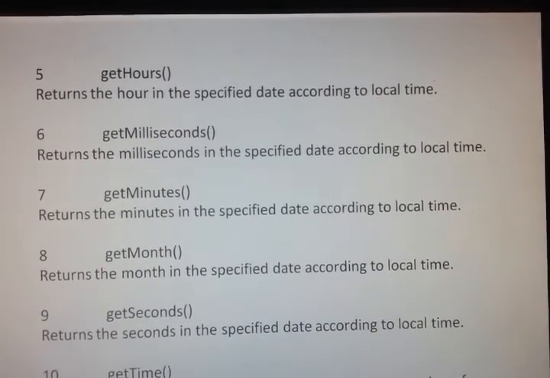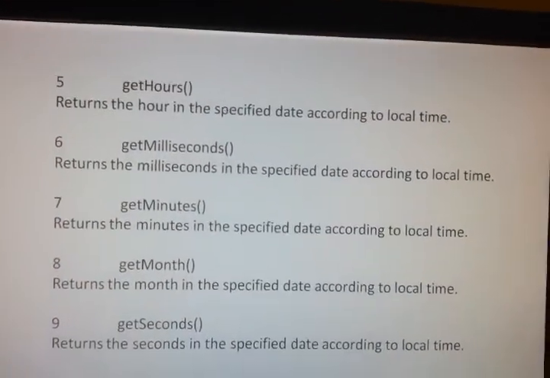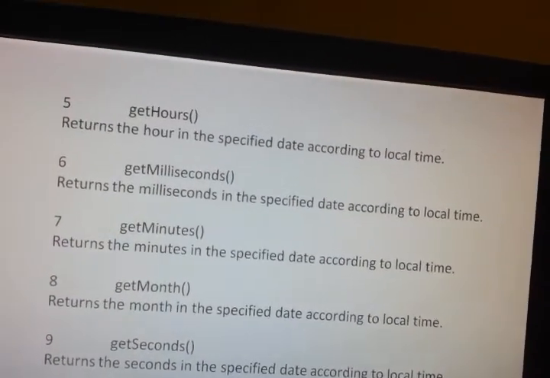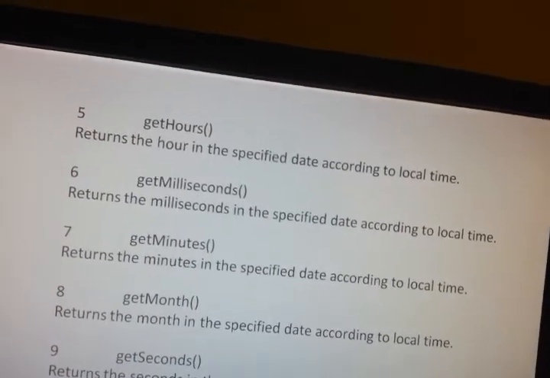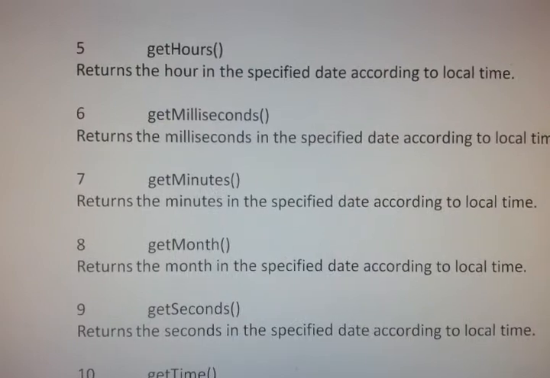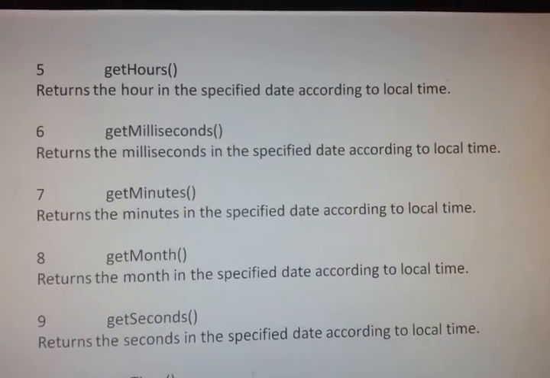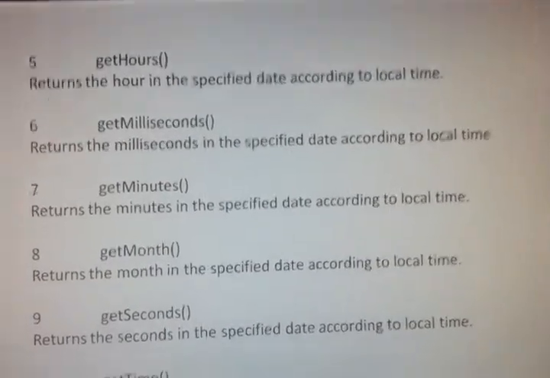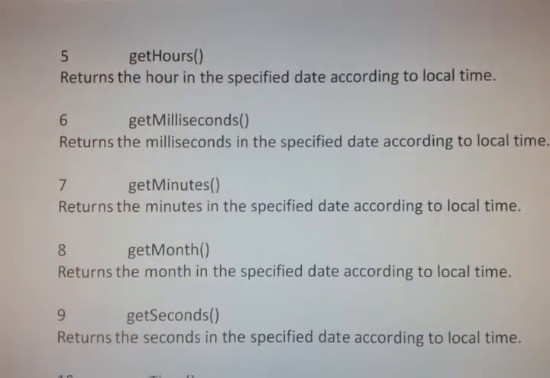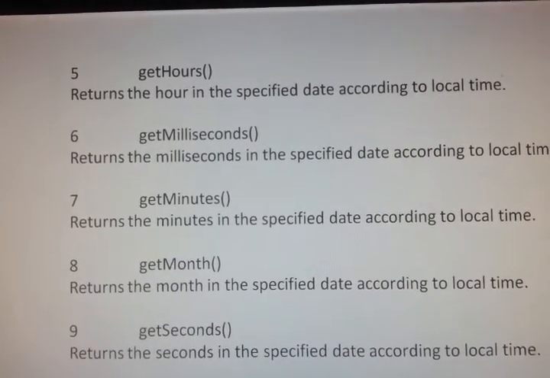As in the rules we have been talking that there are three methods: first one small, second first capital, third first capital. Here getMilliseconds, so three words? No, it's not like that. Millisecond is one word, so that's why M is capital, get G is small. So it returns the milliseconds in the specified date according to local time.